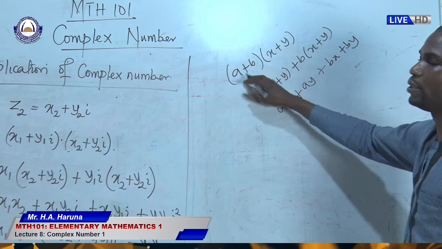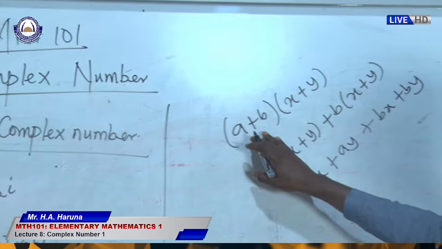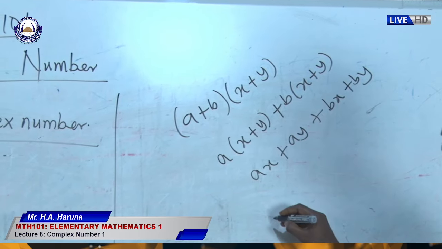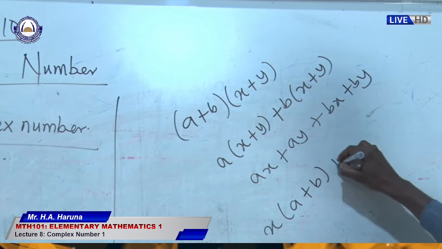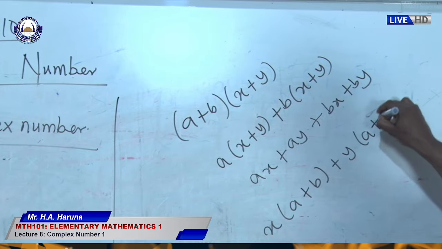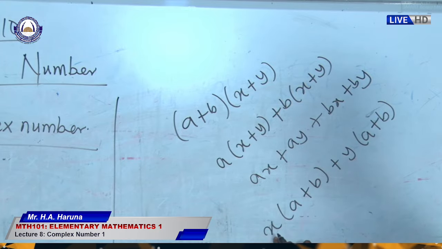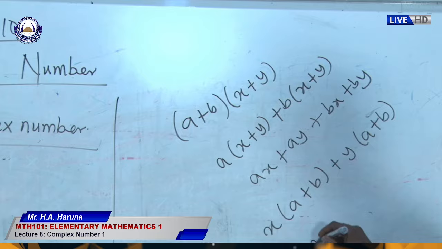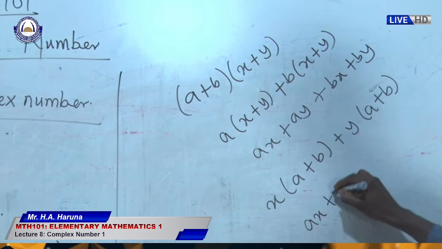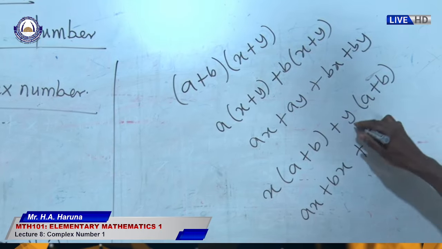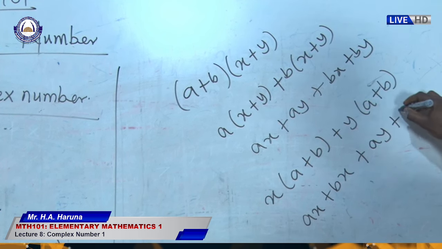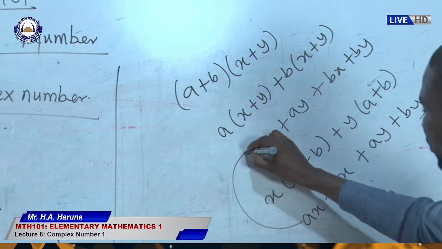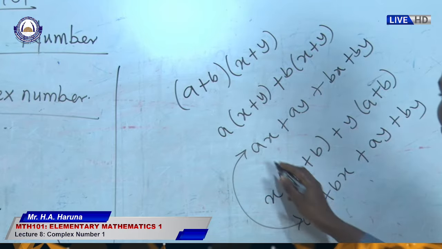Any of these can be distributed over another. If you are not distributing a, you can distribute these. You can say x into (a plus b) plus y into (a plus b). So x times a is ax, then x times b is bx, plus y times a is ay, plus y times b is also by. If you compare this with this, you will see that we have the same answer.